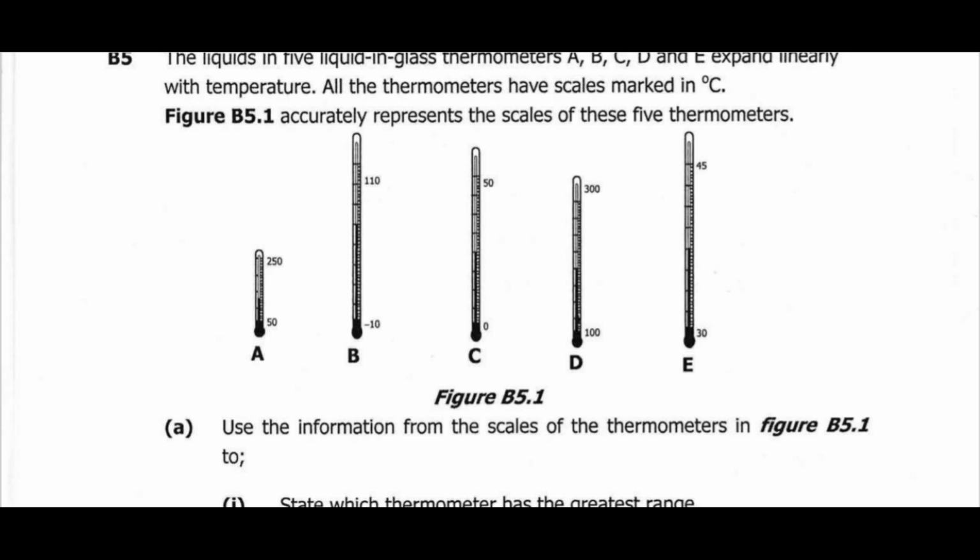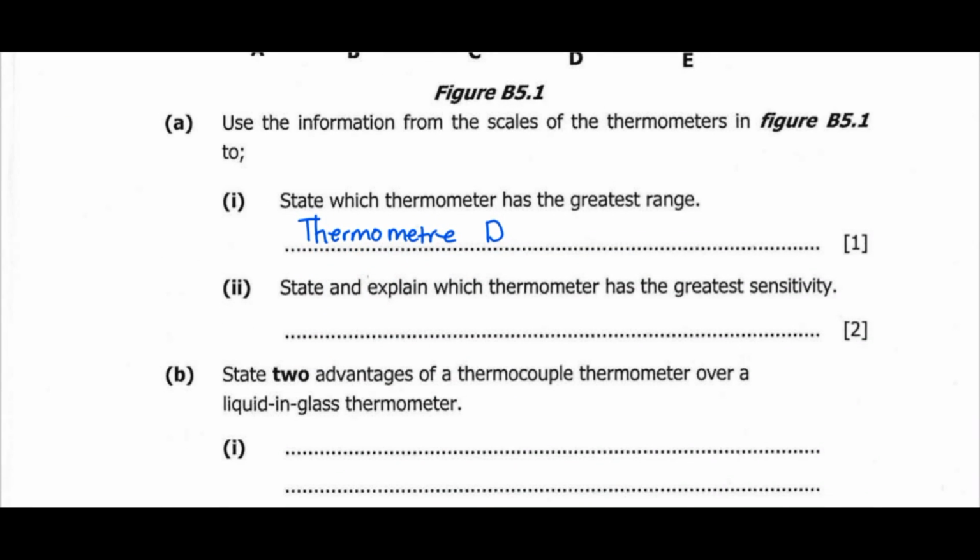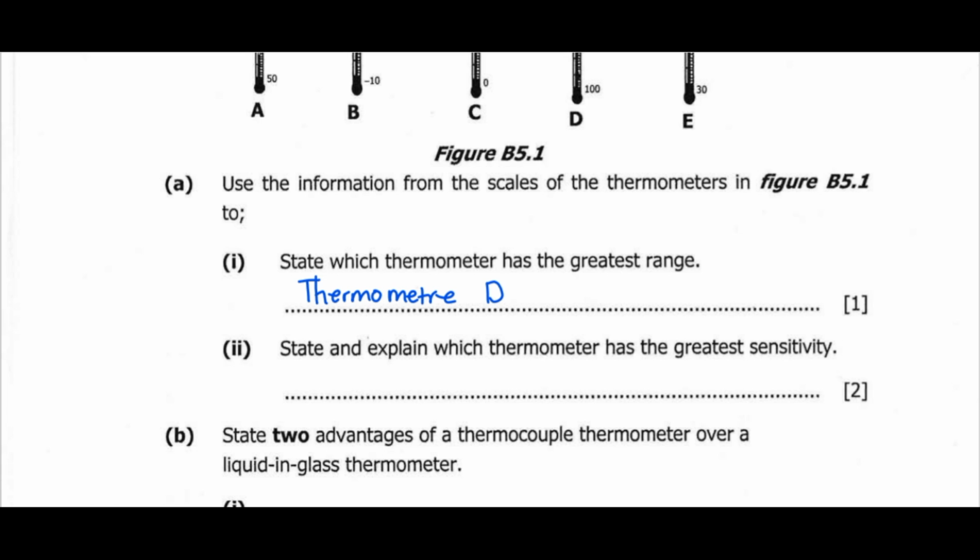So from these 5 thermometers, look at thermometer B. We can see that we have a -10. We know that -10 is a very low temperature. This means that there is only a very small amount of energy. So if this thermometer can detect this small amount of energy, therefore it is very sensitive. So it is thermometer B.